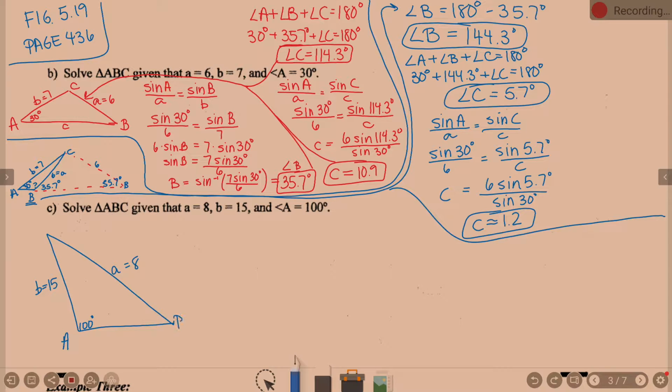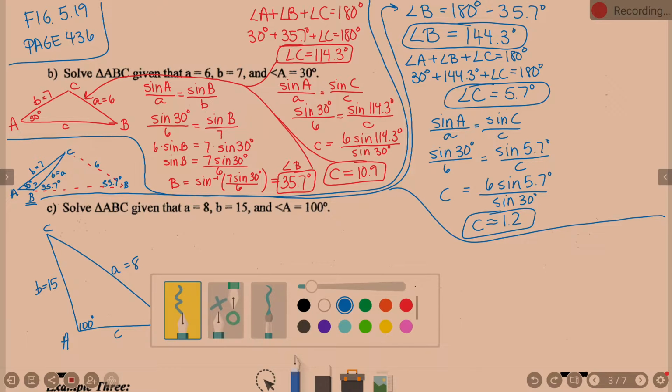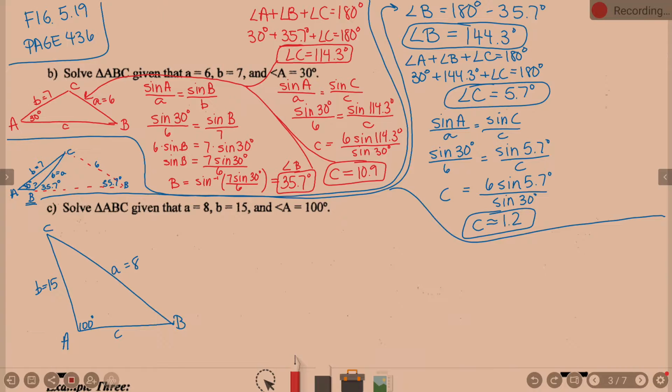So I'll make that angle B, that angle C, and that side c. Something you have to watch for here needs to become fairly obvious to you, and drawing the triangle should make it somewhat obvious.